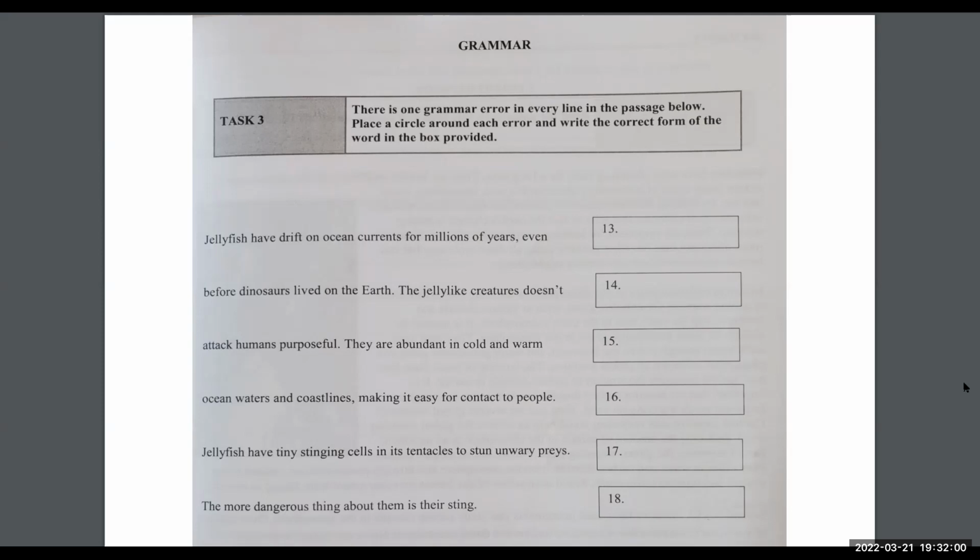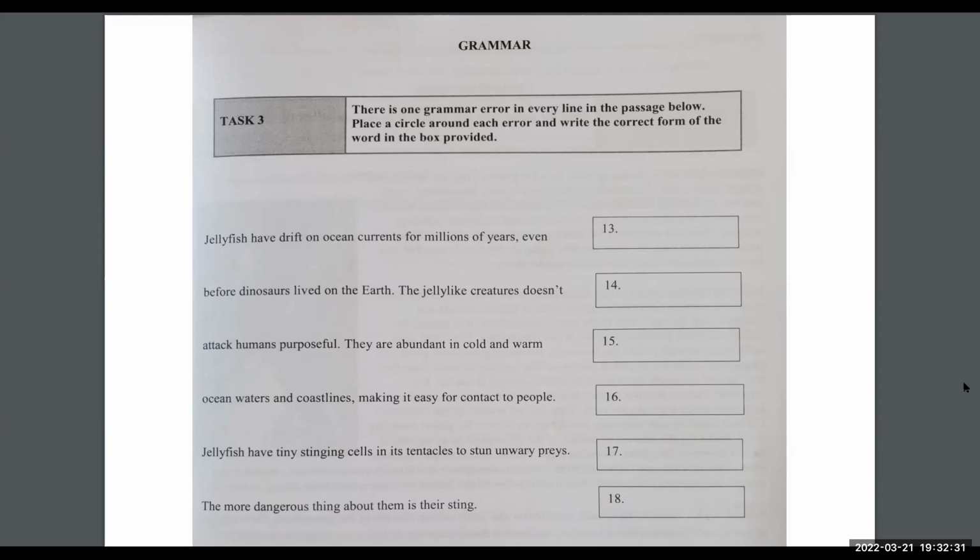The jelly-like creatures doesn't attack humans purposeful. They are abundant in cold and warm ocean waters and coastlines, making it easy for contact to people. Jellyfish have tiny stinging cells in its tentacles to stun unwary preys. The more dangerous thing about them is their sting.